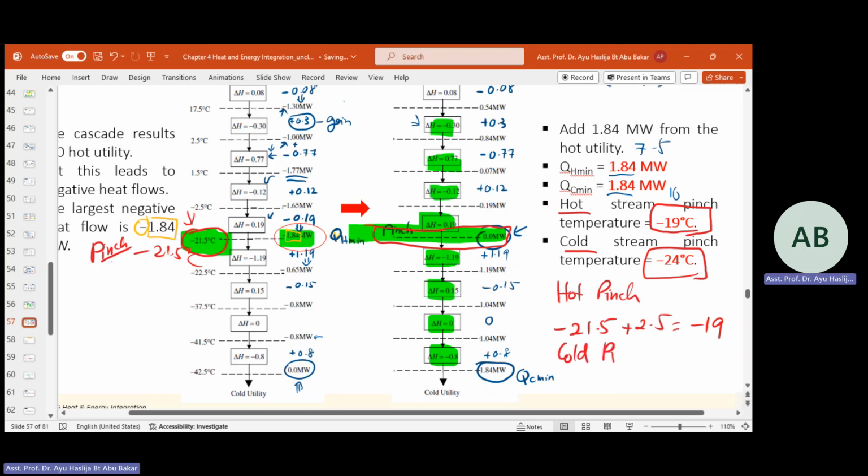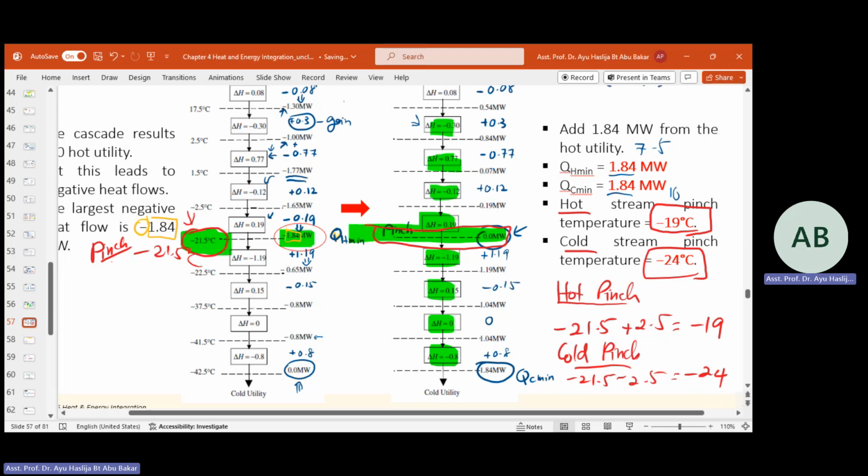Cold pinch, reduce back. The first cascade gives you the cold pinch, and you add 2.5, you get the hot pinch.